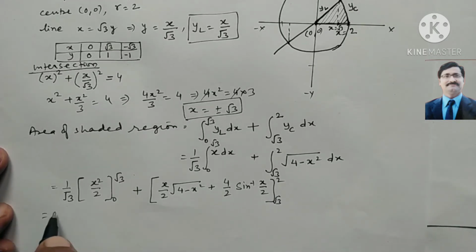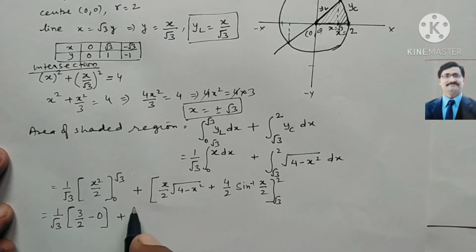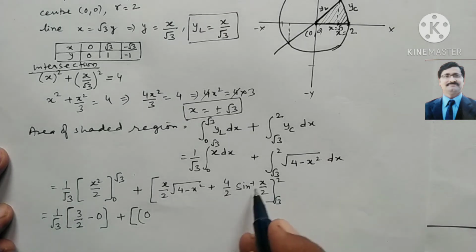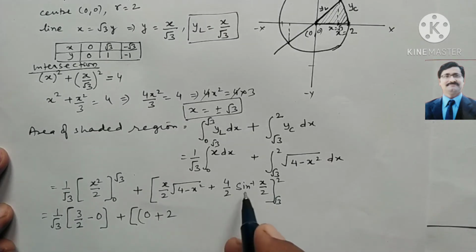Now we will put in the limits. What we get, look here, we put √3 squared, meaning 3/2, and 0 we put, we get 0, and look here, if we put 2, this will be 0. Okay, and here we put 2, meaning we get 2 sin⁻¹(2/2), meaning sin⁻¹(1).